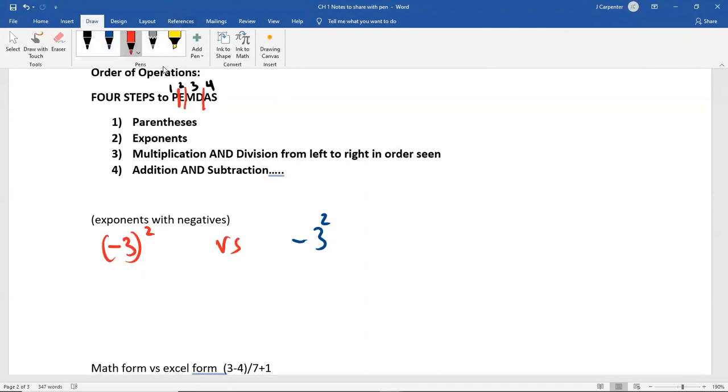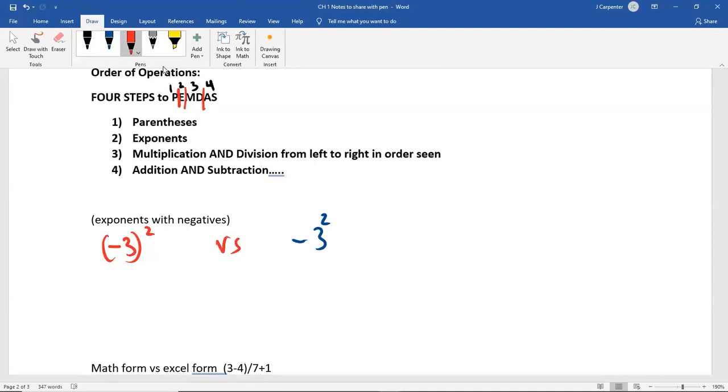So these are two completely different problems that are handled completely different ways. The way exponents work is they apply only directly to the thing to the left of it. So this -3 squared is wrapped in parentheses, the red one. So the -3 counts as being applied to the exponent because of the parentheses. The parentheses comes first. So this whole thing is a -3, and you're multiplying it by itself twice.